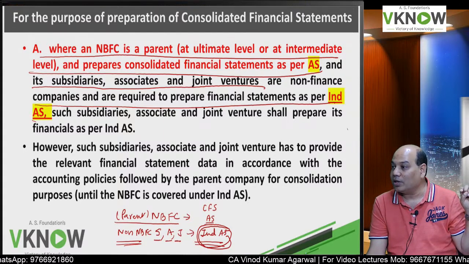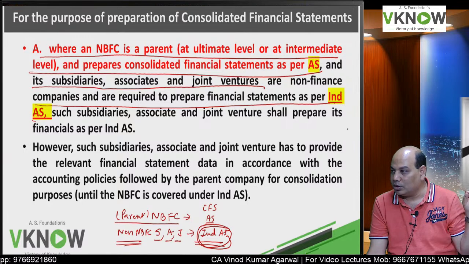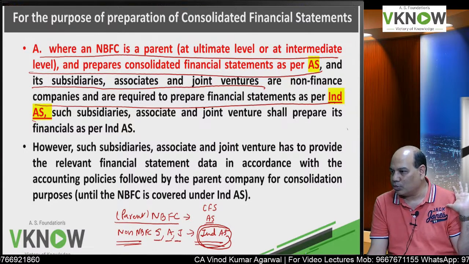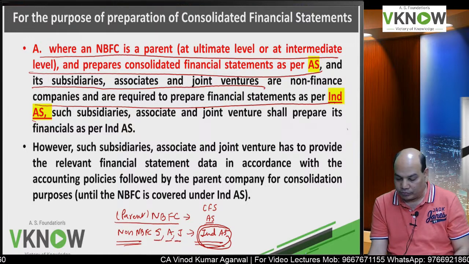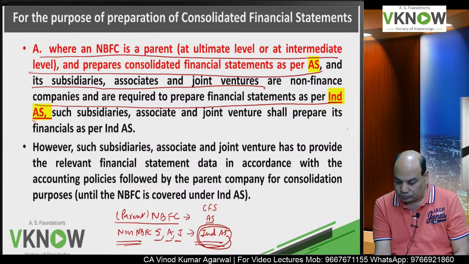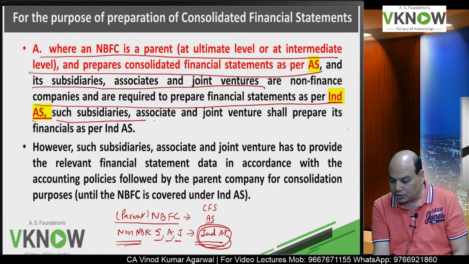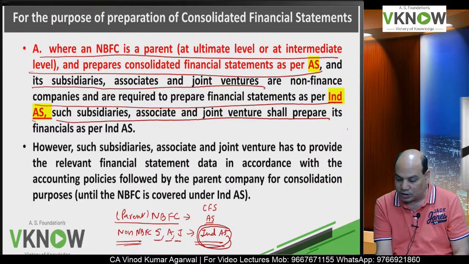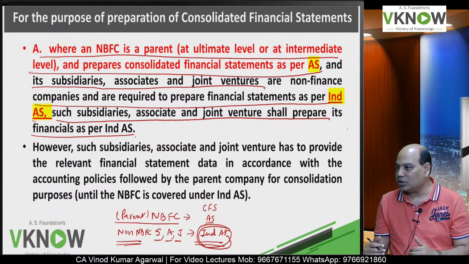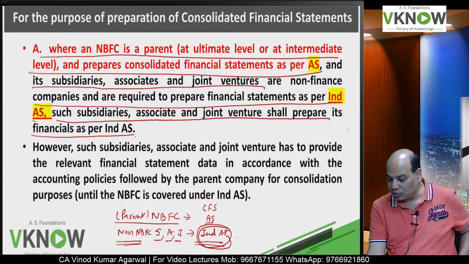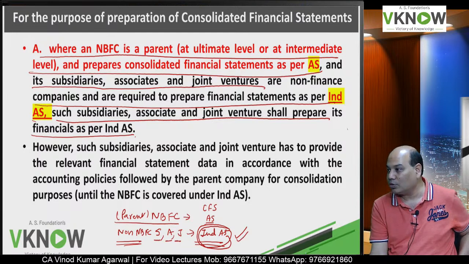But this time the parent is NBFC, not yet covered by the roadmap. Then what will you do? Then such subsidiary, associate and joint venture shall prepare its financial statement as per Ind AS, because Ind AS is applicable to them.